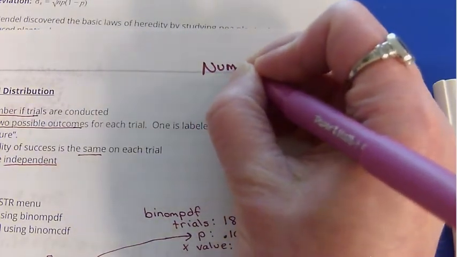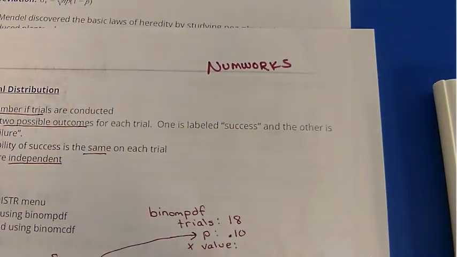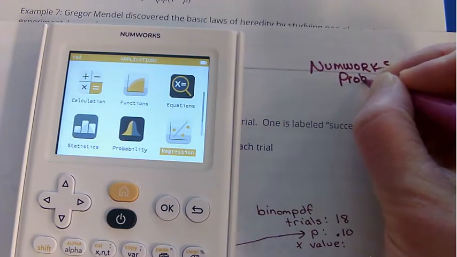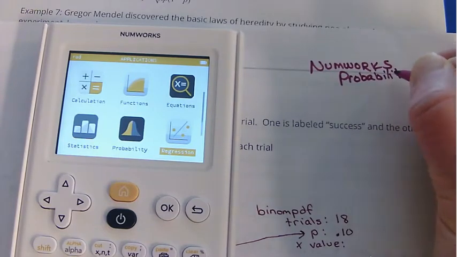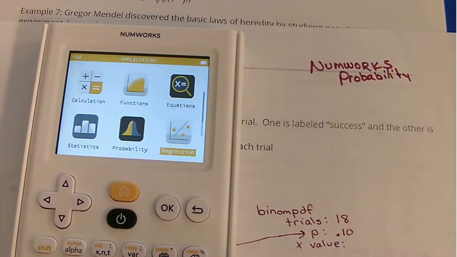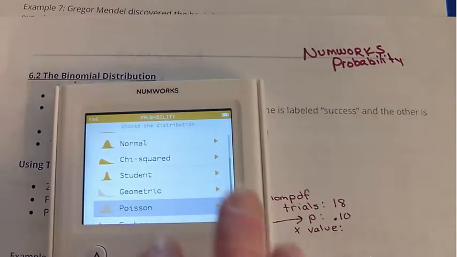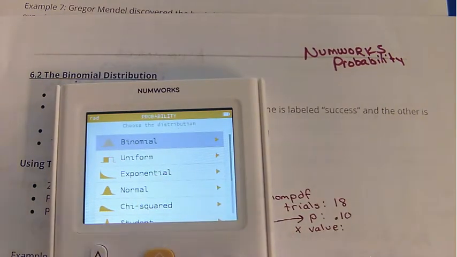So we're going to go to either the app or online, however you want to do it. But on the main screen, this time we're going to select probability. We're not wanting a mean, we're not wanting a standard deviation, we're wanting to find a probability of something happening. So I'm going to go to probability. And this first one is binomial, so guess what? We're going to pick binomial and click OK.